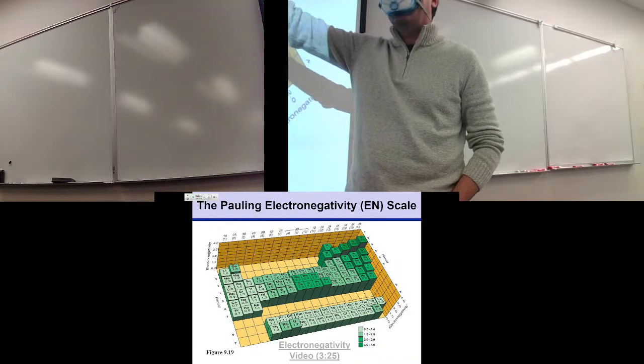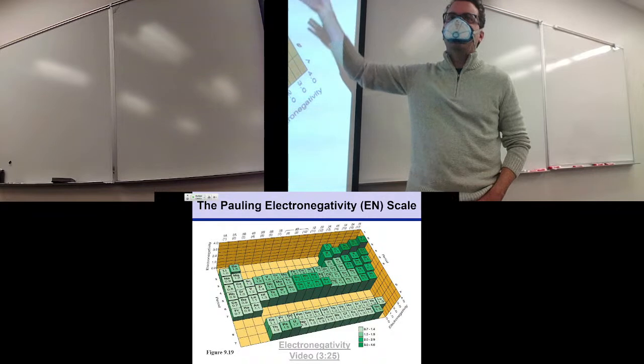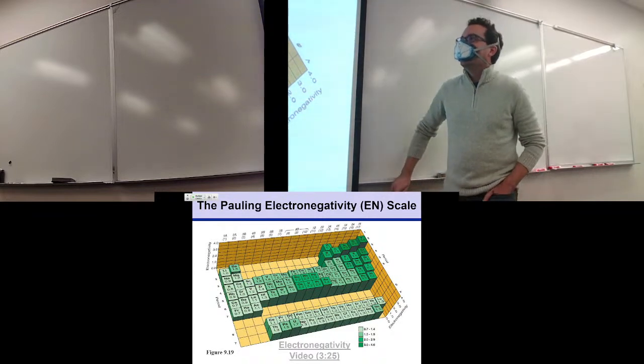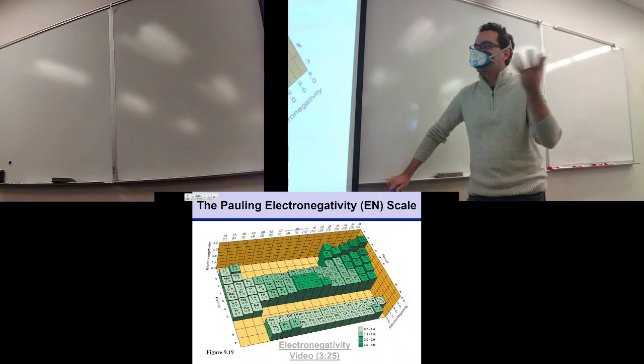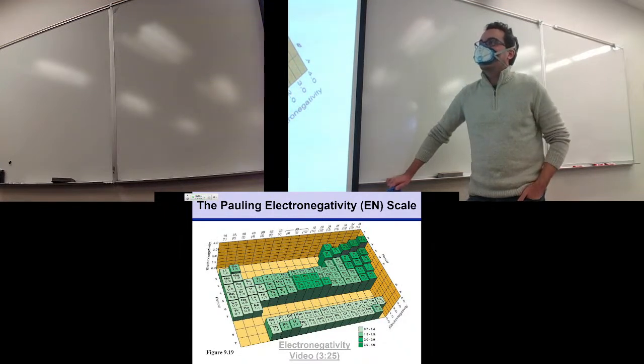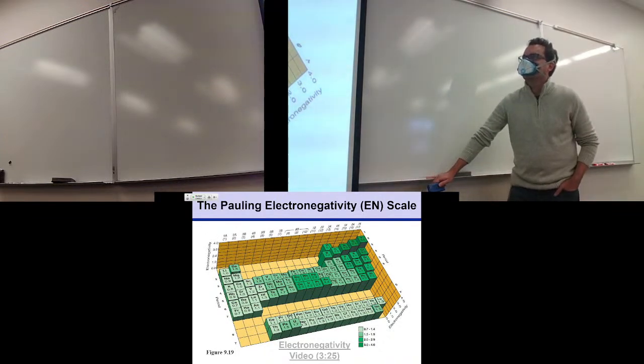The Roman numeral with the letter after it is the old group numbering system. The new one is very boring, 1 through 18. But the old one was developed because of similar grouping, similar properties. I don't know exactly how they grouped it, but somehow iron, copper, cobalt, nickel, and the rest of those underneath have similar enough properties that they put them in the same group. I don't remember anything more than that, honestly.